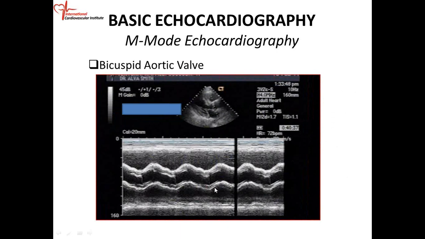The aortic valve is inside the aorta. You see the aortic valve is not very thick, but the closure line, so this is what we call the closure line. The closure line is off-centered. Remember, we say it's supposed to be in the center. You can see this is off-centered. So once you see a closure line which is off-centered, you have to think in terms of bicuspid aortic valve.